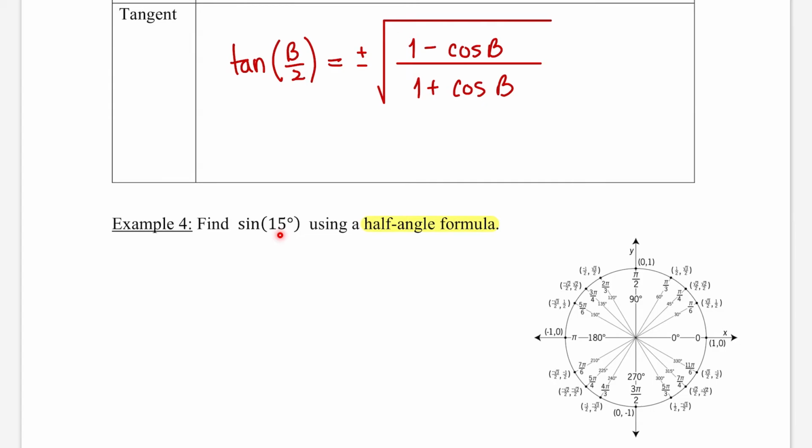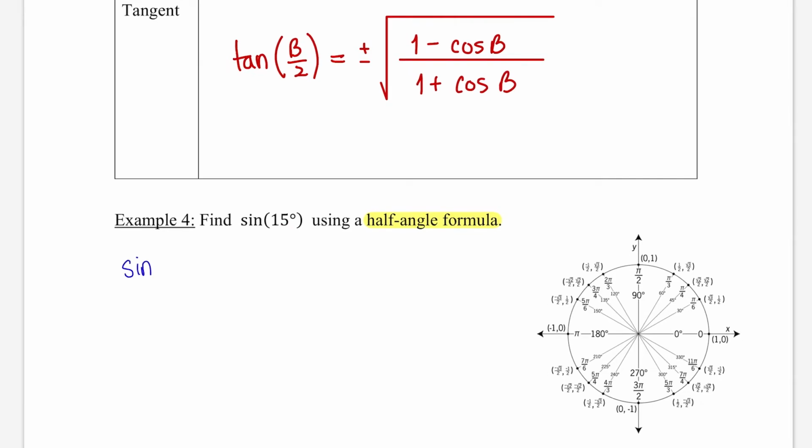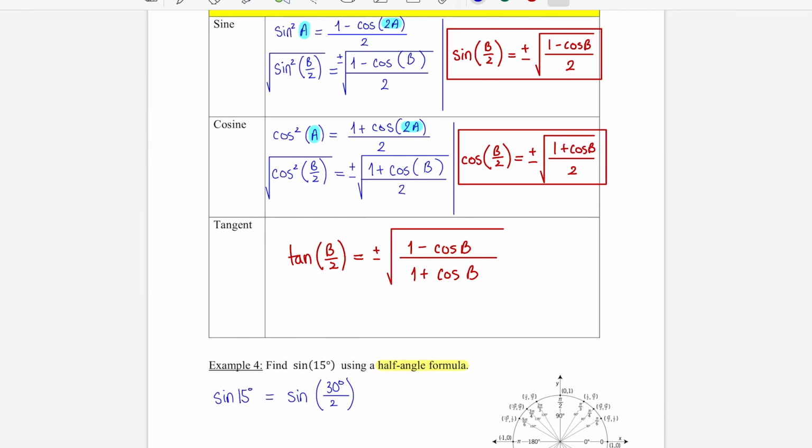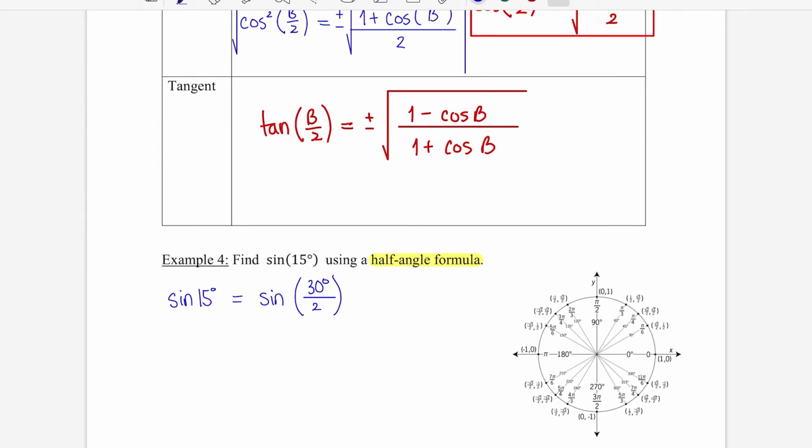I am going to rewrite 15 into 30 divided by 2. And I am using the half angle formula for sine. So I have plus or minus square root of 1 minus cosine 30 degree divided by 2.